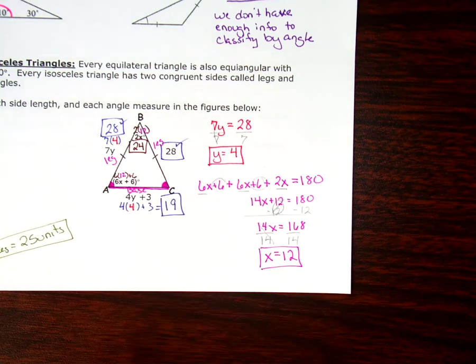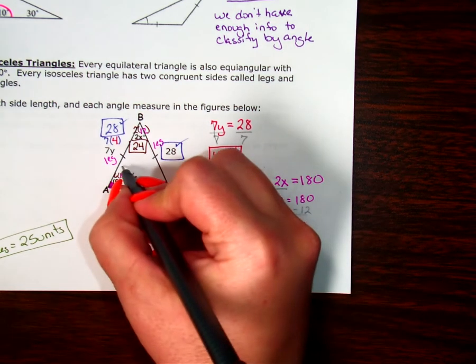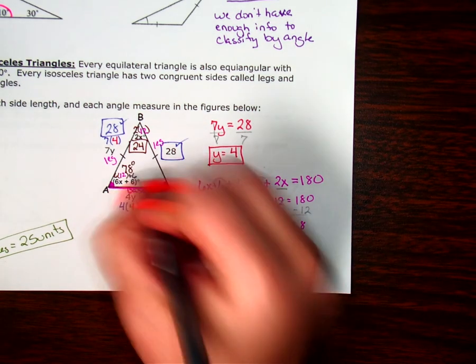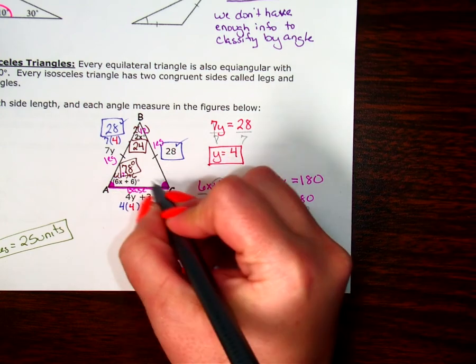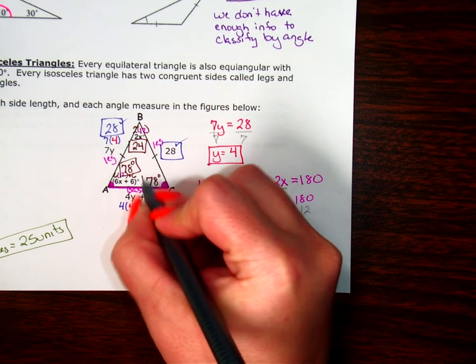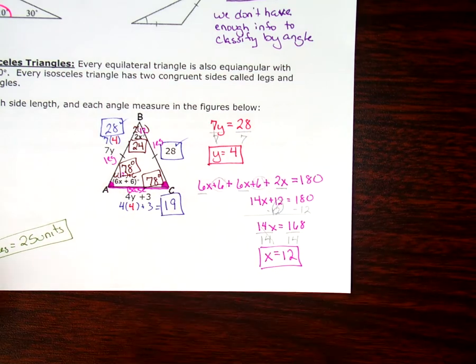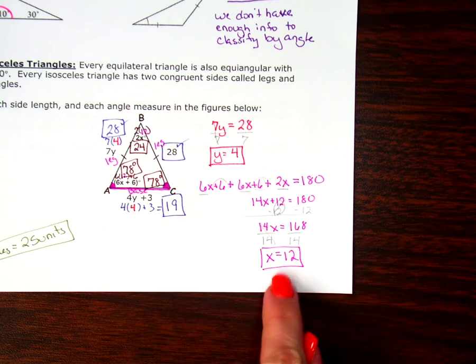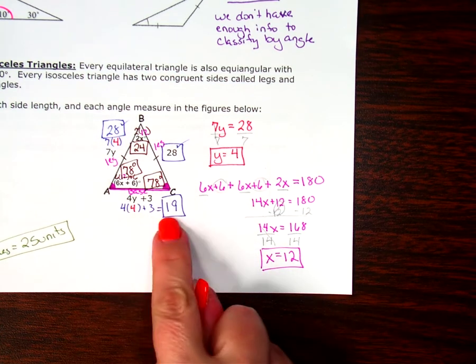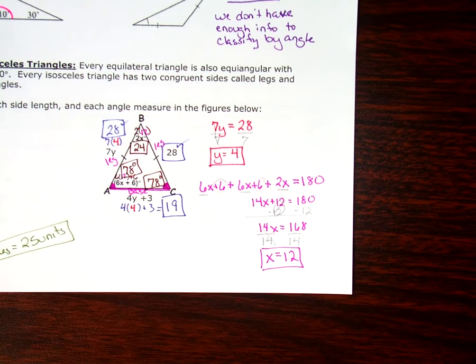And I'm going to have 6 times 12 plus 6, which is 78 degrees. If this angle is 78 degrees, then this angle is 78 degrees, and we can check that 24 plus 78 plus 78 does equal 180. So I found both my variables, I found my sides, and I found my angles.